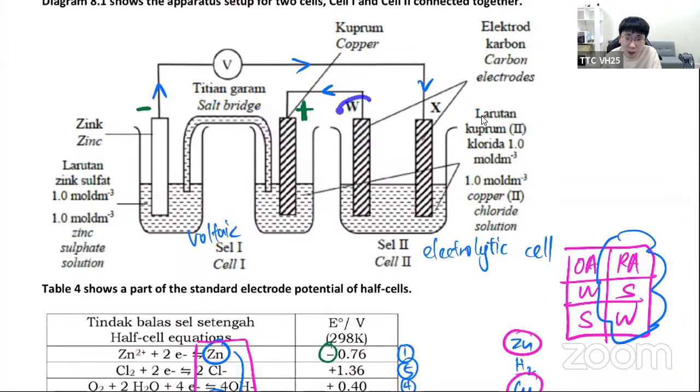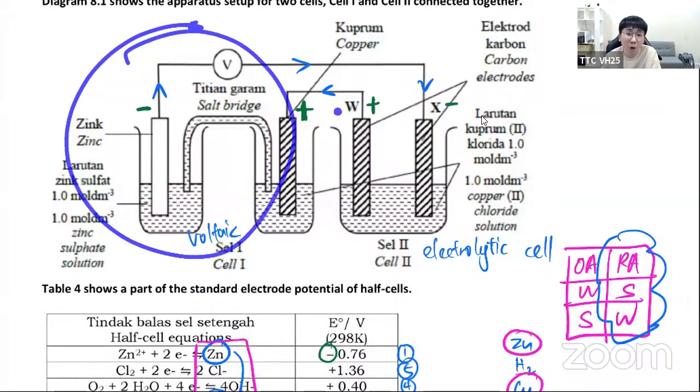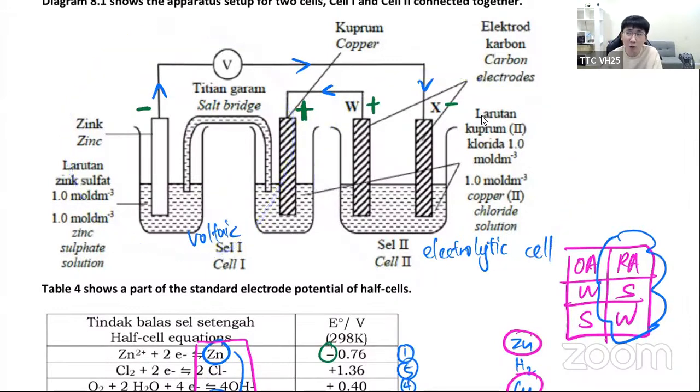So W will also be the positive terminal. Your X is connected to the negative terminal of the battery, so X is also the negative terminal. Terminal must follow battery. The battery for the electrolytic cell is the voltaic cell, which acts as a battery. Imagine this whole thing is a battery that powers your electrolytic cell to allow for reaction.